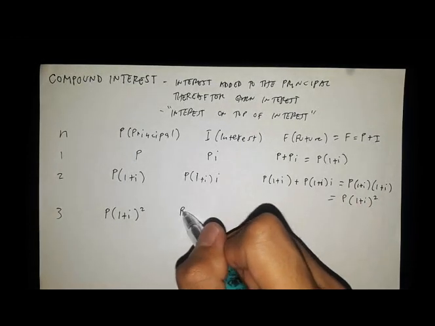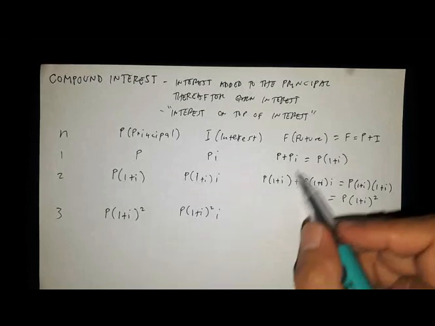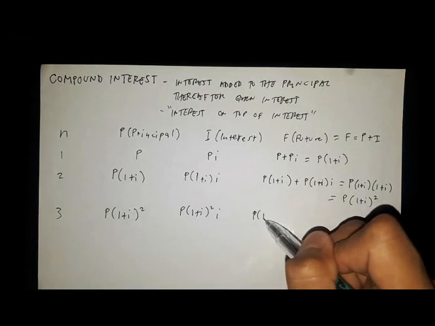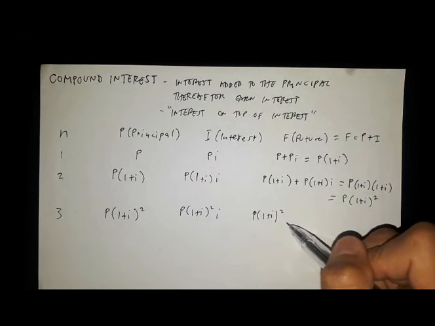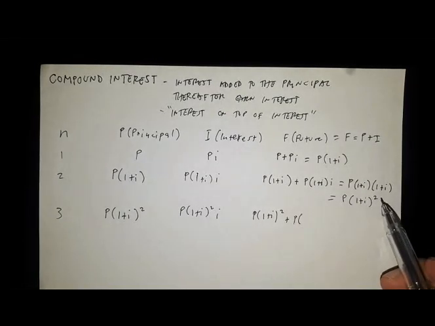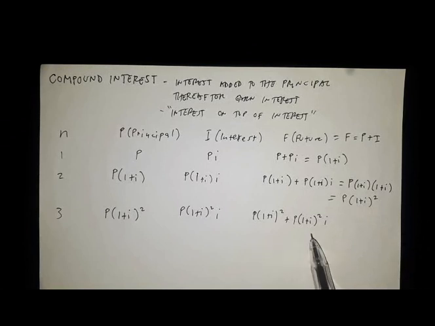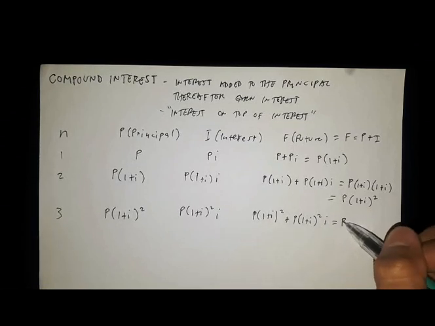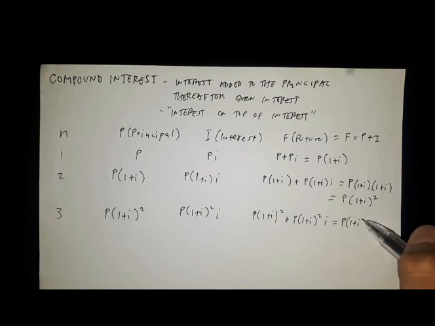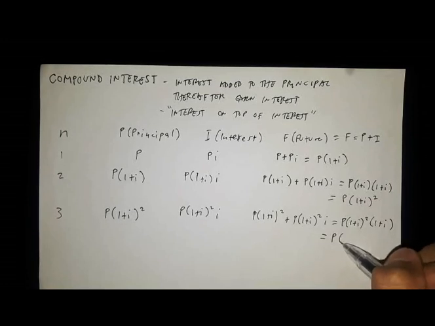So your interest is P times 1 plus I squared multiplied by I. So adding the two, we have F equals P times 1 plus I squared plus P times 1 plus I squared times I. To further simplify, we can factor out P times 1 plus I squared, and this will become P times 1 plus I squared times 1 plus I. Further simplifying, we have P times 1 plus I cubed.